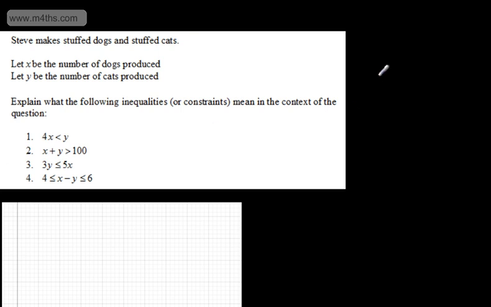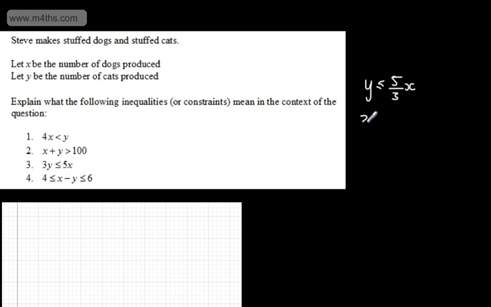If you think about this, if we rewrote this without the integer coefficients, we could say now that y is equal to or less than 5/3 x. And remember, from our work before, it's simply the reciprocal of this. So let's read that statement again. The number of dogs produced must be at least 3/5 of the number of cats produced.